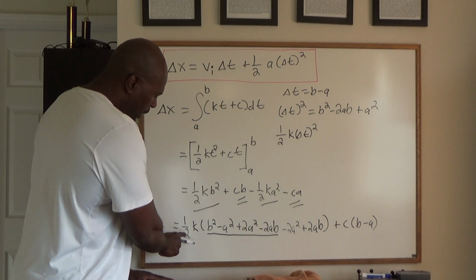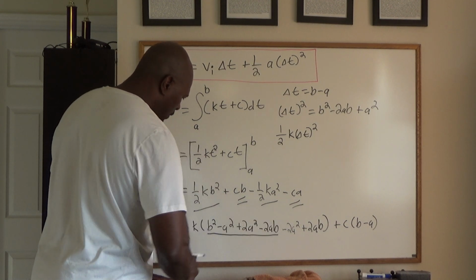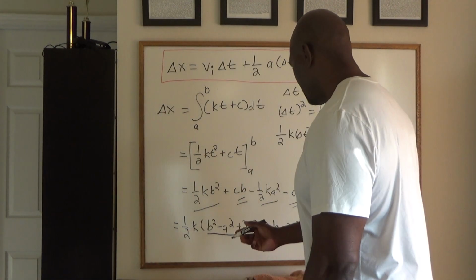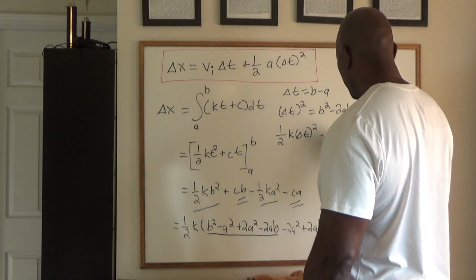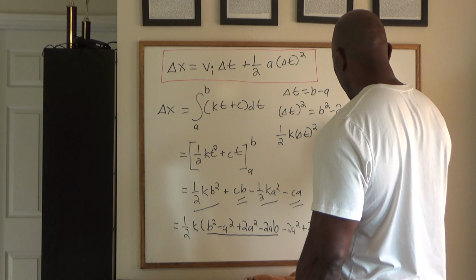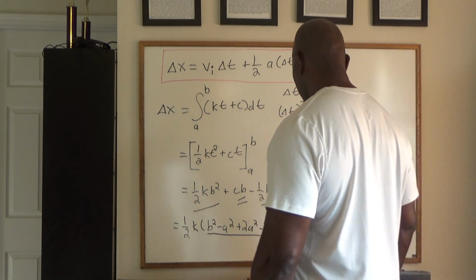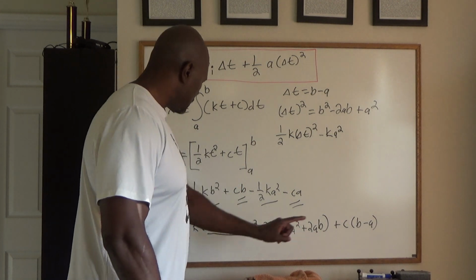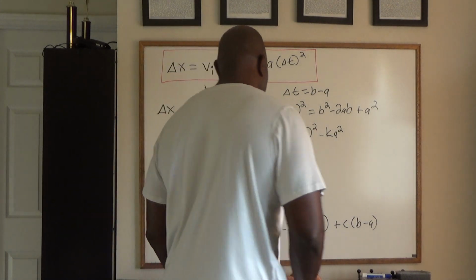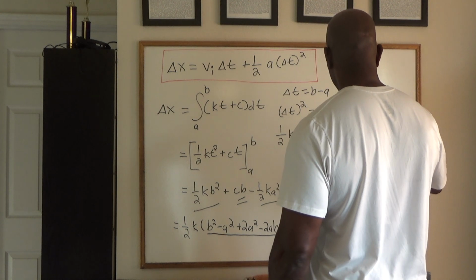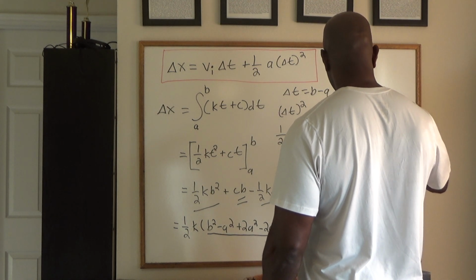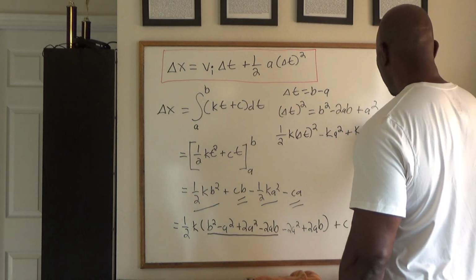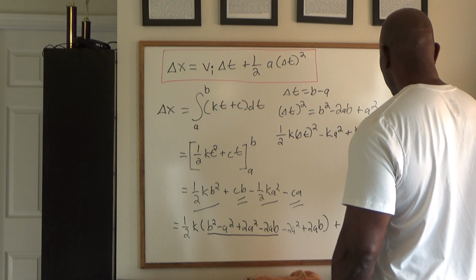So 1/2 k times negative 2a squared, that'll be minus k a squared, and 1/2 k times 2ab, that would be plus k a b. Again, you still have this c times b minus a.